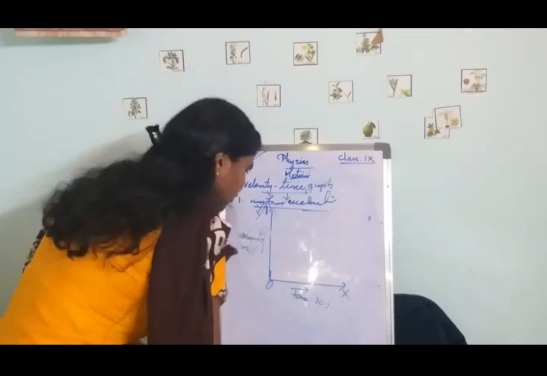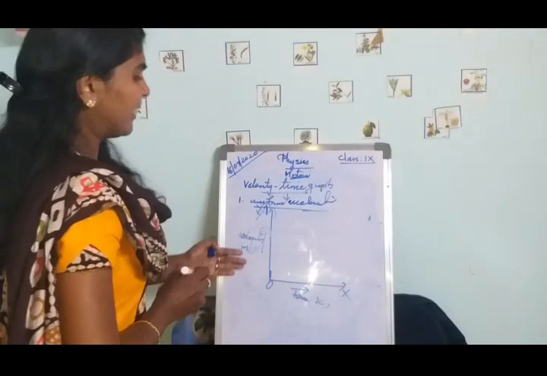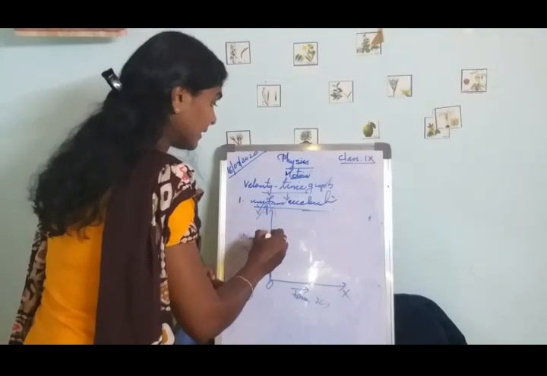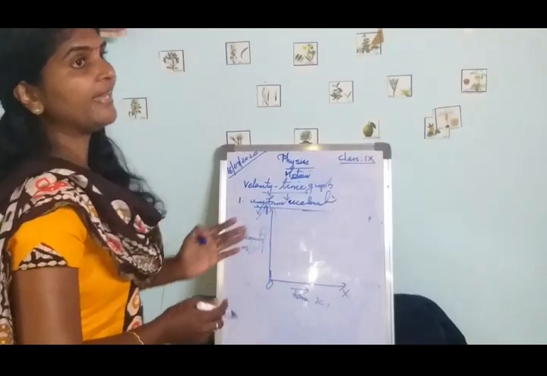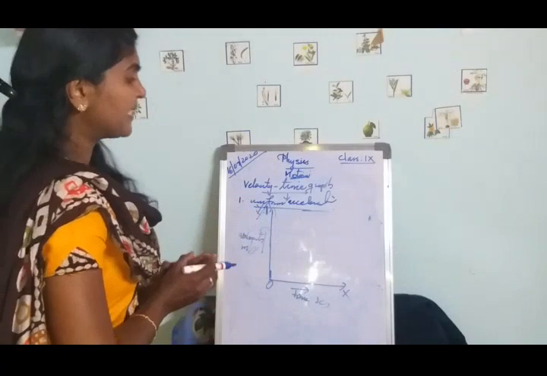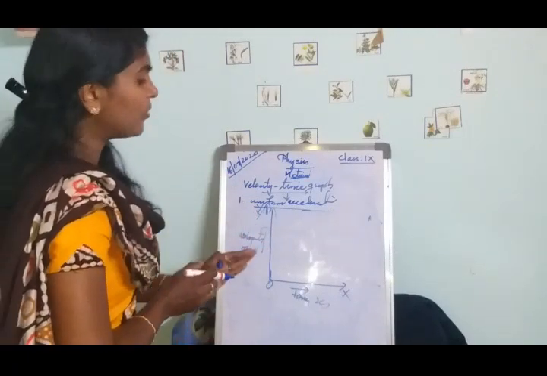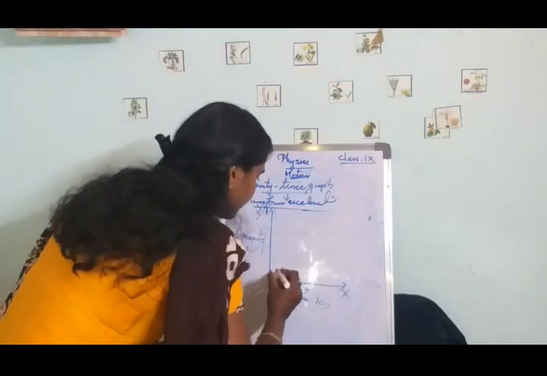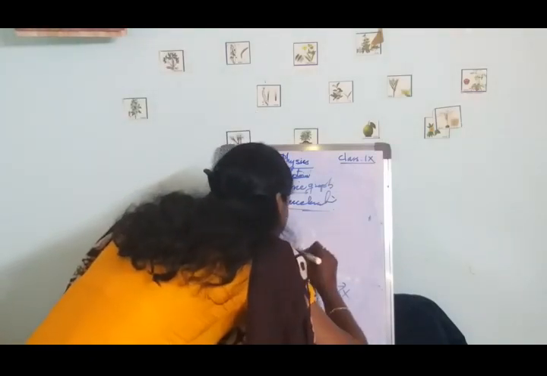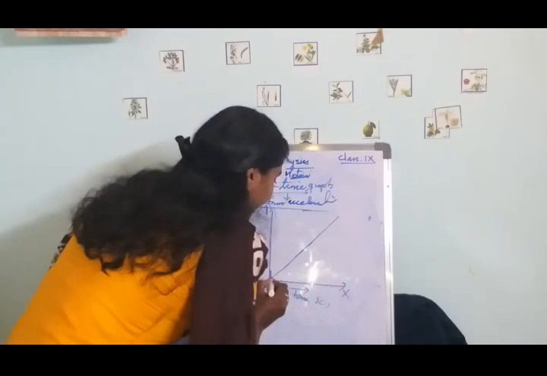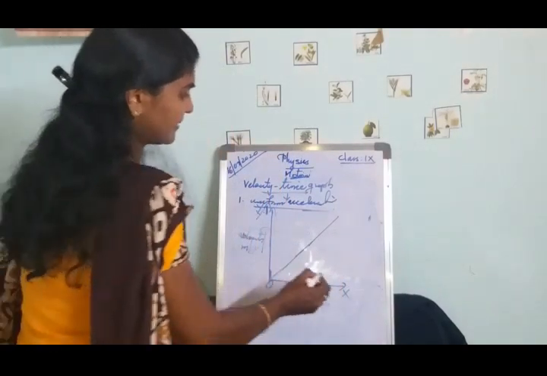You know, uniform acceleration means the change in velocity is equal in equal intervals of time. For an object in uniformly accelerated motion, its velocity changes by equal amounts in equal intervals of time. So we got a straight line, but it makes some angle with the time axis.